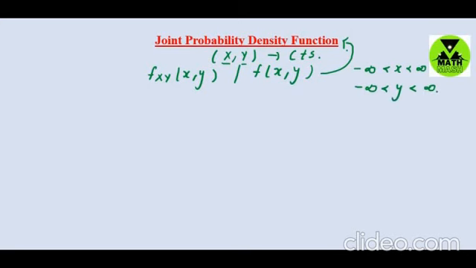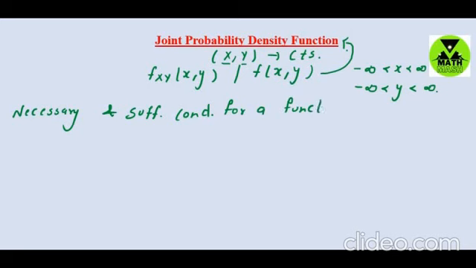So for this, what is the necessary and sufficient condition for a function to be a joint probability density function?